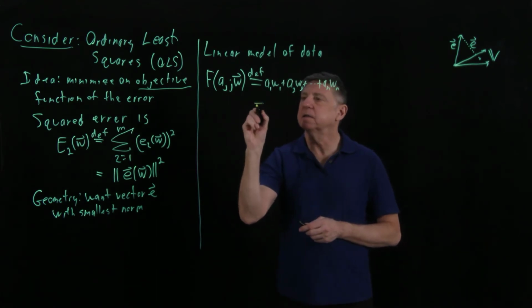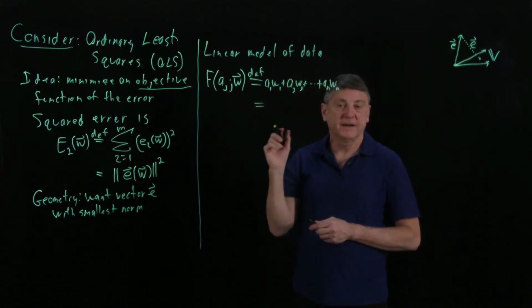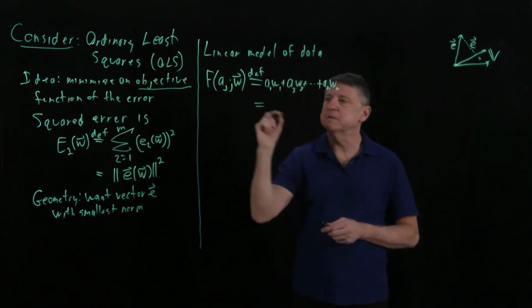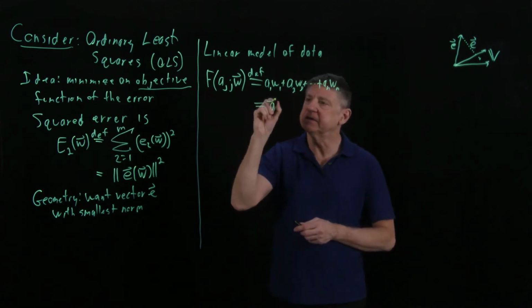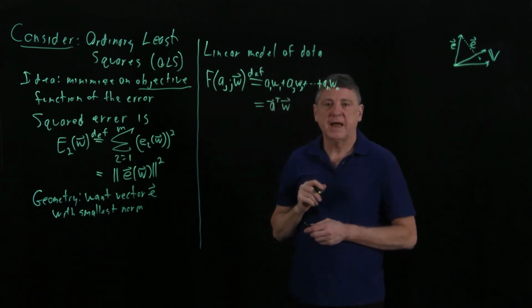We can gather the A terms into a vector, and the W terms into a vector, and that is just A transpose W.